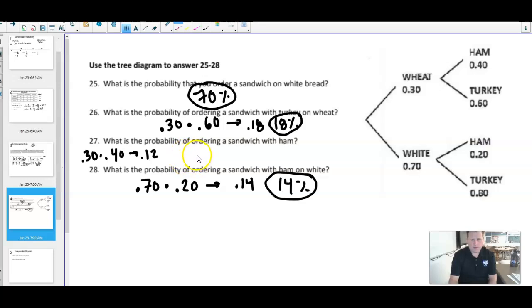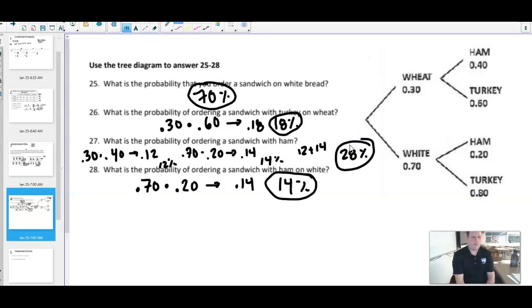And then white and ham, we already did that one, it's right down here. We'd go 0.70 times 0.20, and that would give me 0.14. And then I just add those two together. This would be 12%, and this would be 14%. So when I add those two together, 12 plus 14, that's going to give me 28%. And that's what I'm looking for on that one.